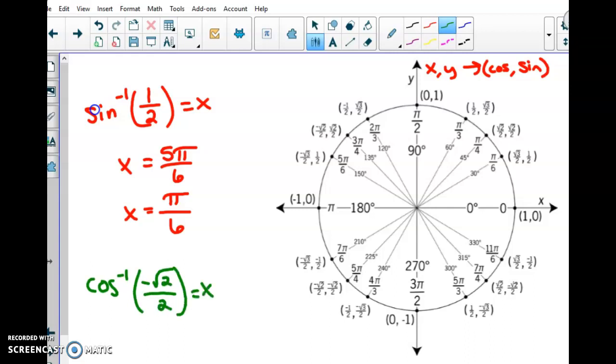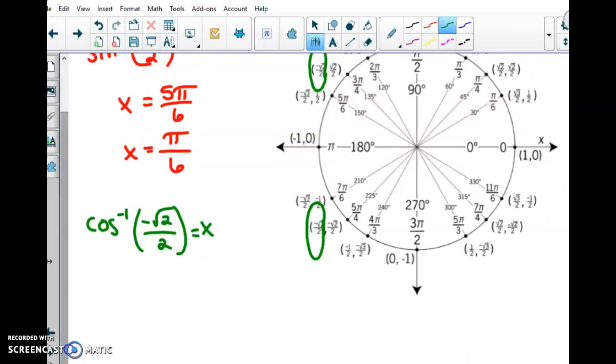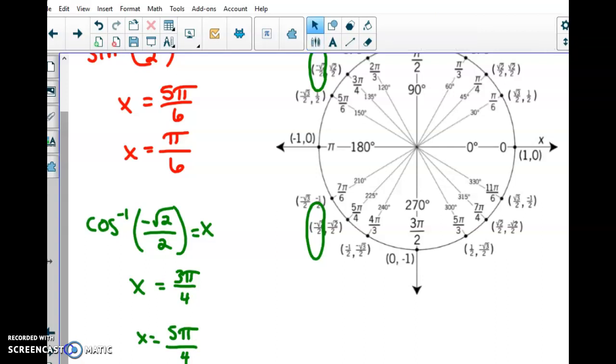Cosine is the x value, so I'm looking for that negative square root 2 over 2, which I located there, so I just need to state the angle measures: 3π/4, as well as 5π/4. So that's using the unit circle.